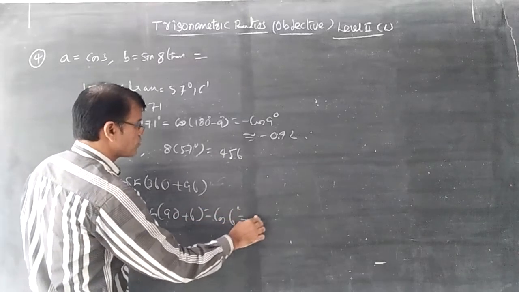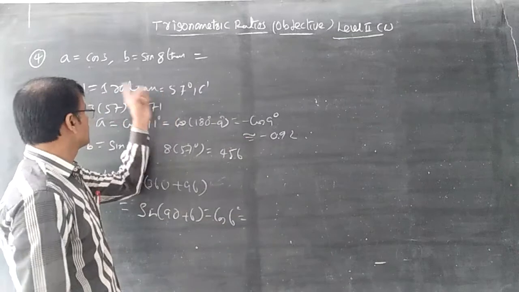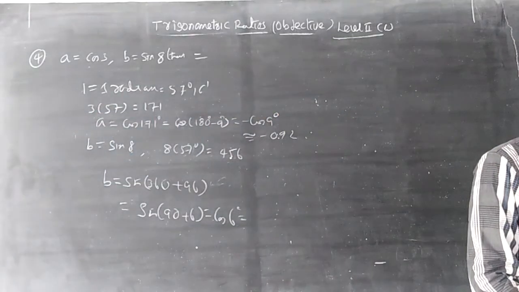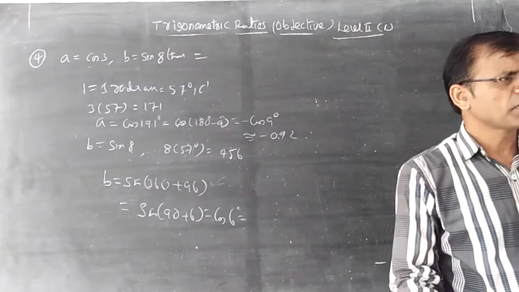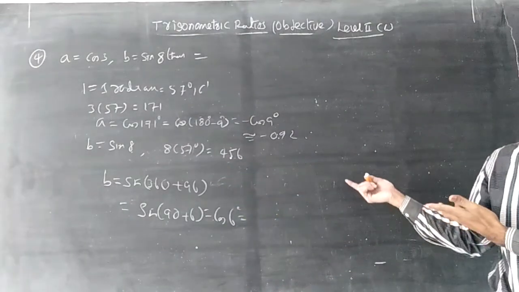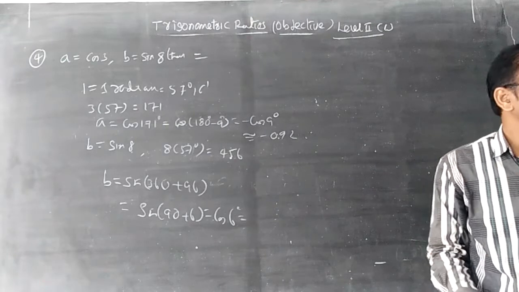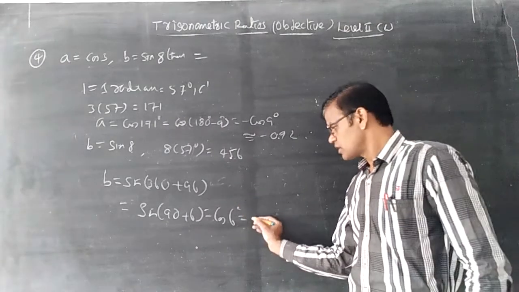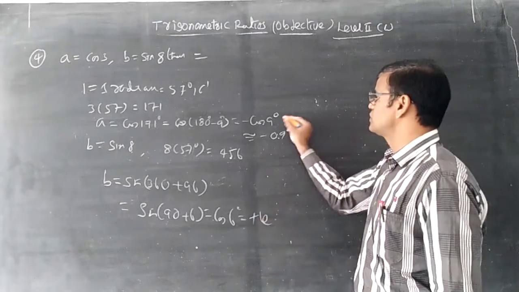So cos 6 is positive and this is negative. So a less than b option is there, because one is negative and the other is positive. Negative into positive becomes negative. A less than b. This is positive, simply positive, no need to discuss the value. This is negative.